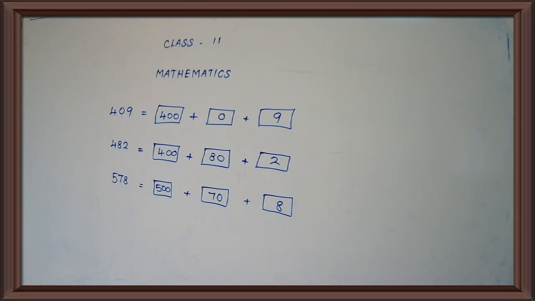578. See the first one. 8 ones. How many ones? 8 ones. Okay. Then how many tens? 7 tens. So 70. How many hundred? 500. Okay. Do you understand, children?